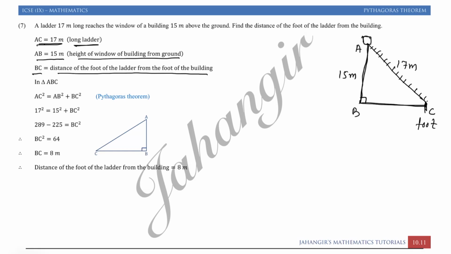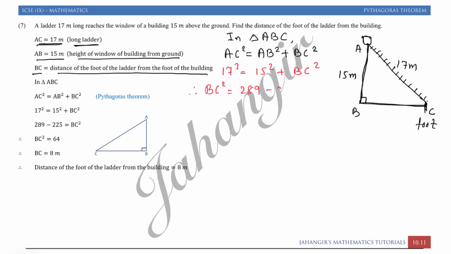So now I will consider it as a right angle triangle. In triangle ABC, AC square is equal to AB square plus BC square. AC square, 17 square, is equal to 15 square plus BC square. Therefore BC square is equal to 289 minus 225. BC square is equal to 64.